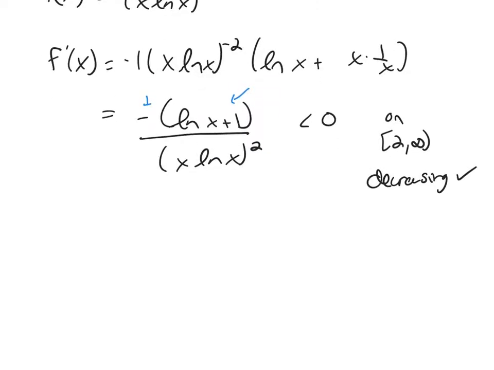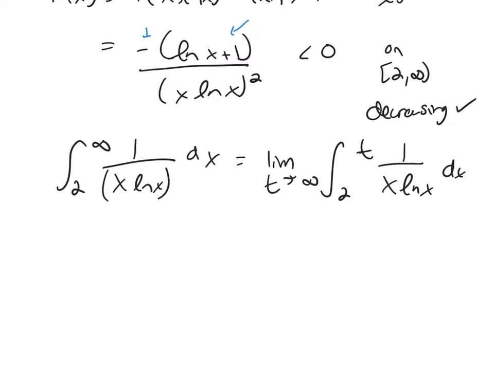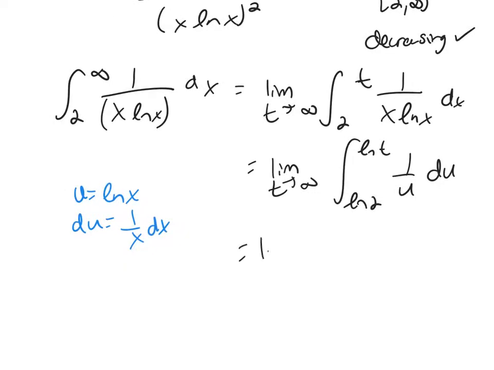So then you compute the improper integral from 2 to infinity. And this is an improper integral, so you have to put in a limit. And then we would do a substitution here. Let u be ln x, du is 1 over x. This would be the limit, ln of 2 to ln of t, 1 over u. The integral of 1 over u is ln of u.